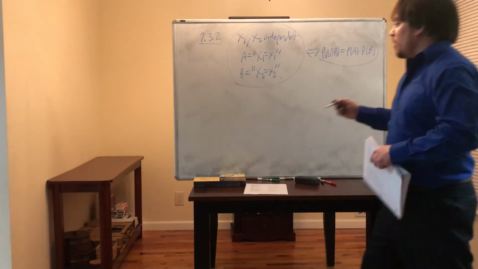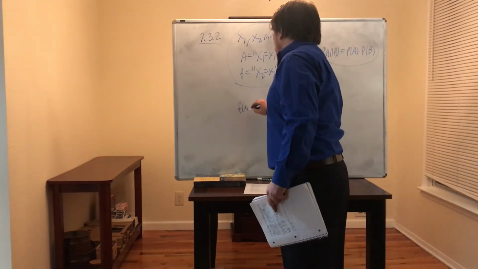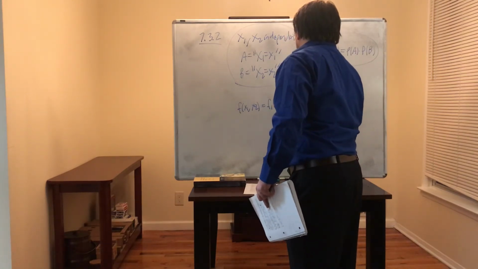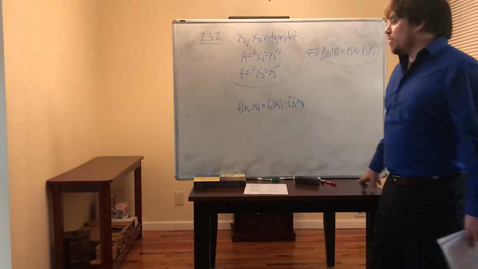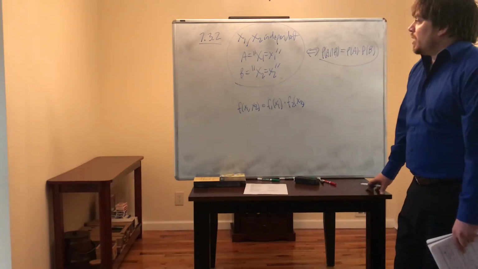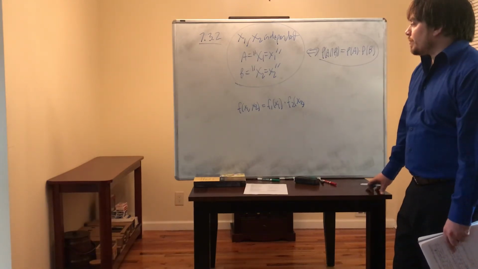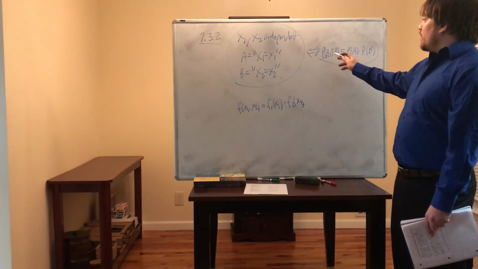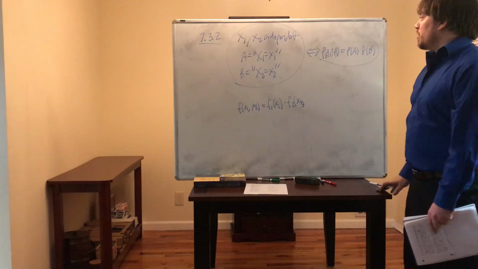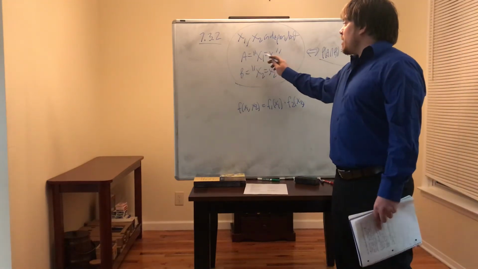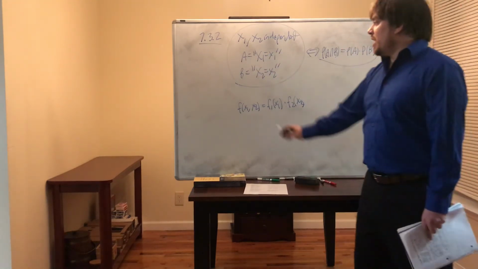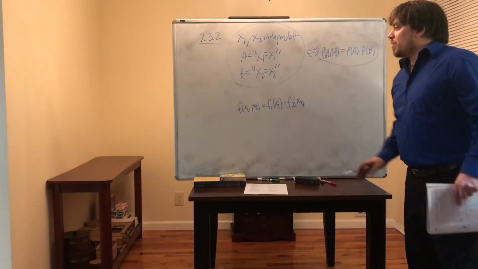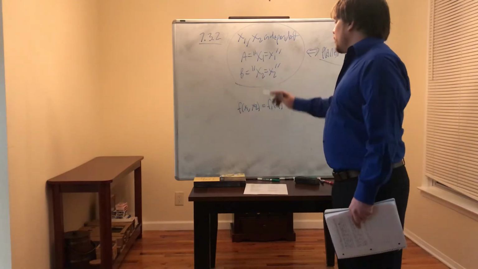And so our new definition says that if f of x1 comma x2 equals f sub 1 of x1 times f sub 2 of x2, then x1 and x2 are independent variables. You can just translate that into the probability of A intersection B equals the probability of A times the probability of B, where event A is the event that capital X1 equals little x1, and event B is the event that capital X2 is equal to little x2.